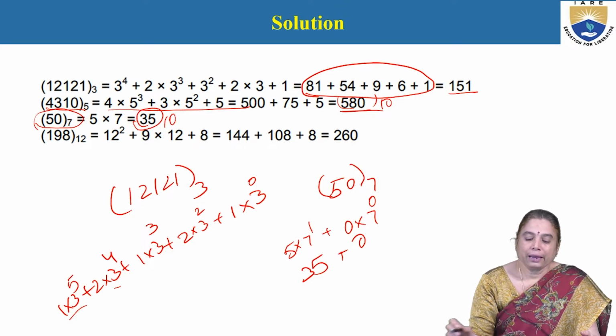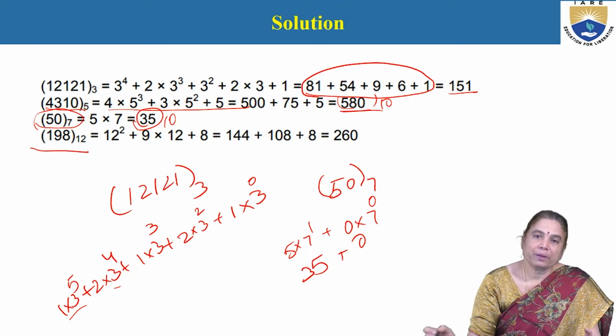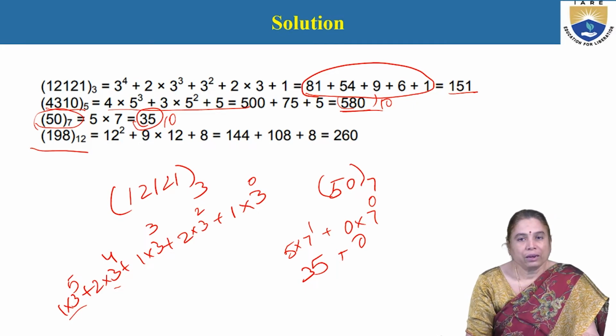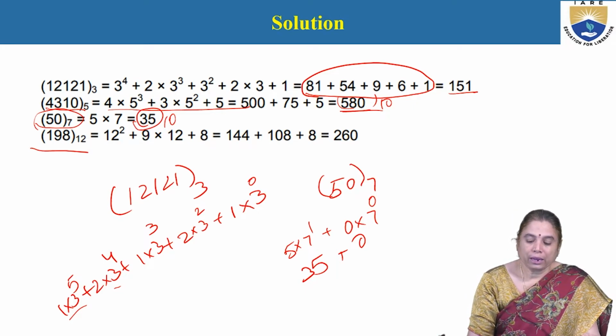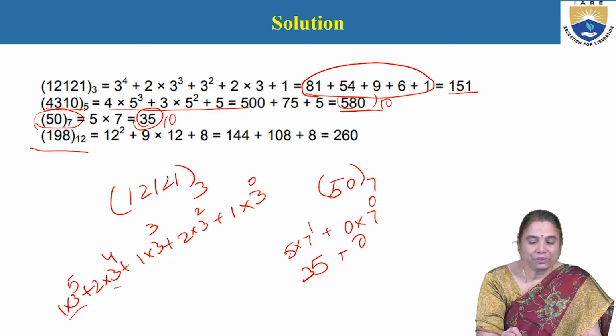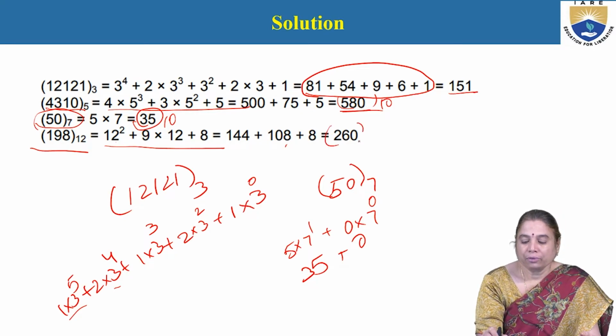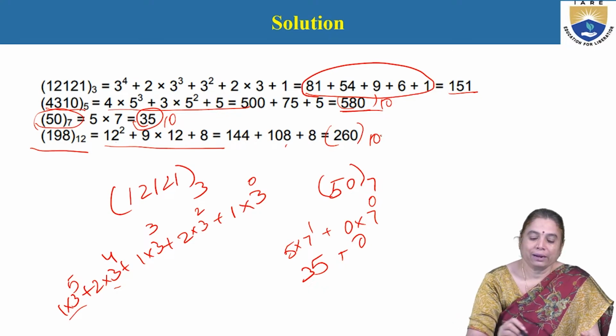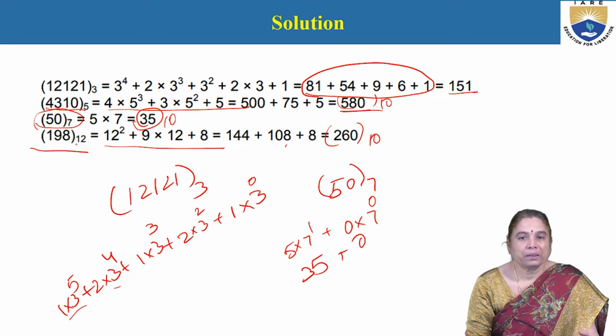And 198 is represented in the base value of 12 number system. Here 8 into 12 power 0, next 9 into 12 power 1, plus 1 into 12 square. So the product terms are 144 plus 108 plus 8, and 260 is the decimal equivalent of 198 represented in the base 12 number system.